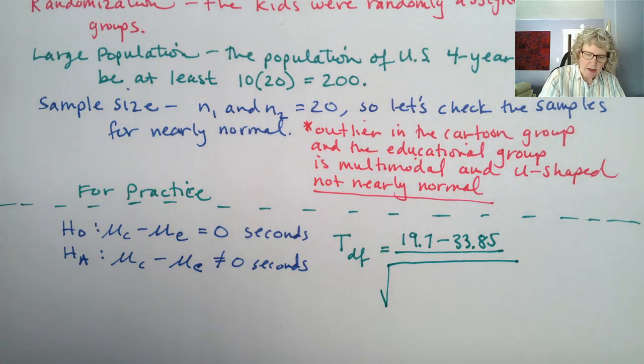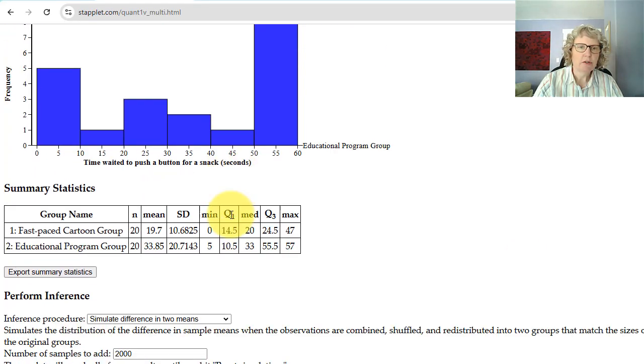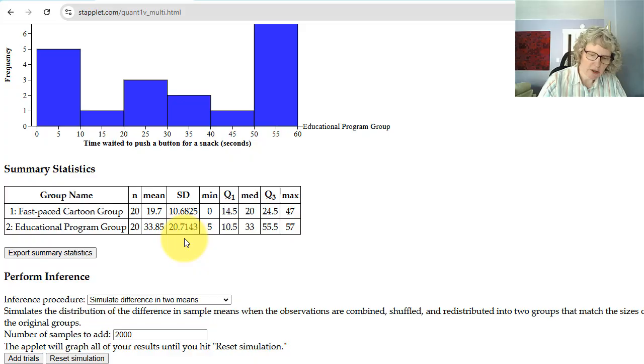And this is where we need the S values. So I'm going to go back to Statlet and go down to my summary statistics here, okay? So we have 10.6825. I'm going to write these down and then I'll show you.